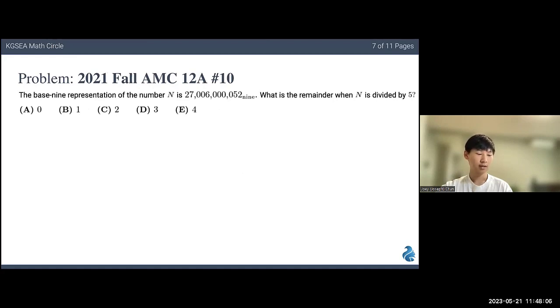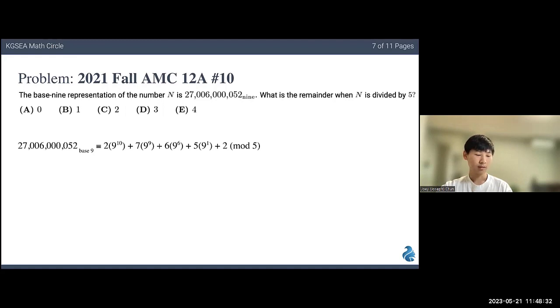Okay, so now let's solve 2021 Fall AMC 12A number 10. I'll give you some time to read the question. Okay, so the first step of the problem would be to express the number given in more familiar terms. Let's first change the base 9 here to base 10.